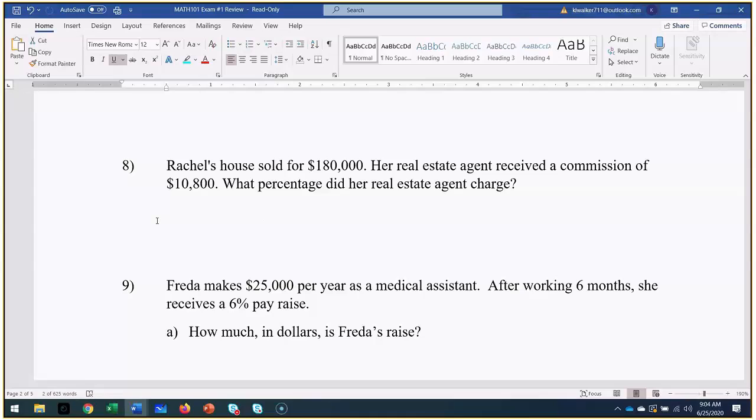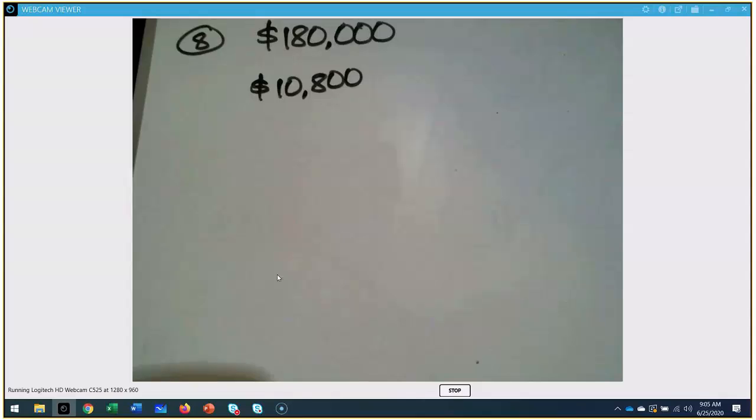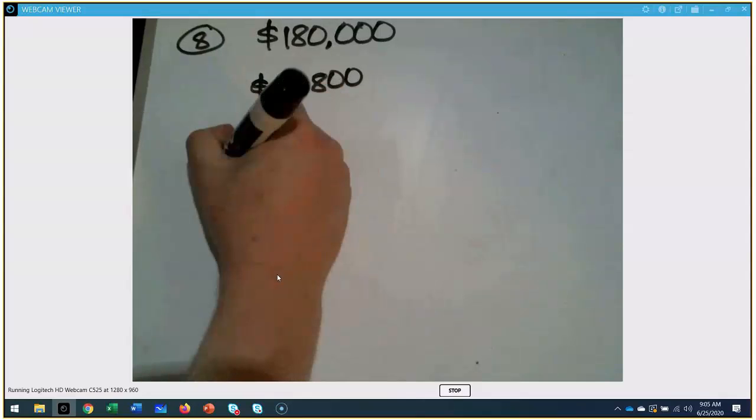The real estate agent received a commission of $10,800. What percent did the agent charge? When I see they're asking for a percent and they give me 2 other amounts, I immediately think this.